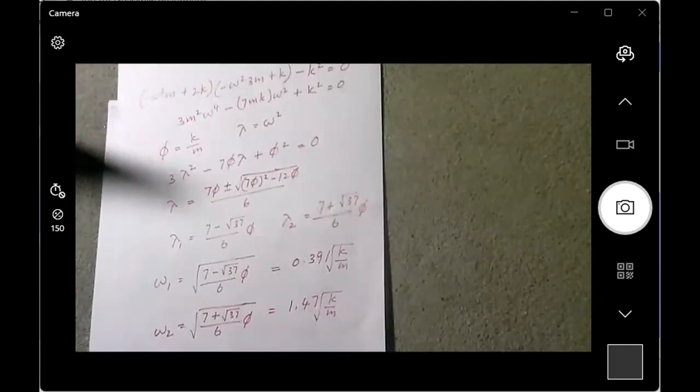So unlike the single degree of freedom system, a multi-degree or 2 degree of freedom system always has more than one natural frequency, right? The lowest one we typically call the first natural frequency or the fundamental frequency, and the others we call harmonics, right?